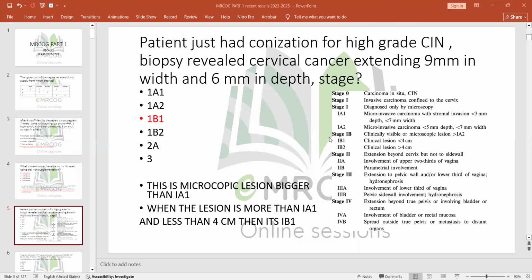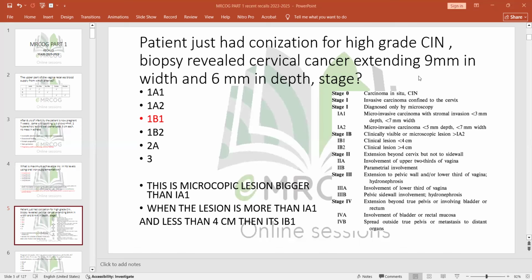They asked you about very specific features, which really necessitate that you remember the staging very well. They asked you about cervical cancer extending 9 millimeters in width and 6 millimeters in depth. So let me tell you quickly general rules about cervical cancer. We care about the depth, of course, more than the width.